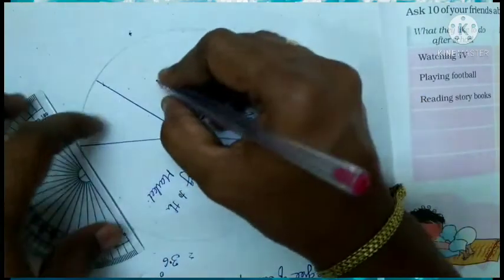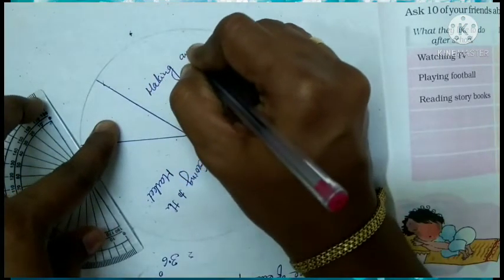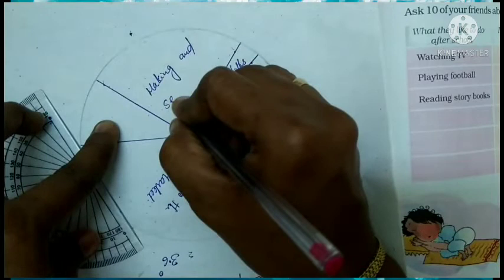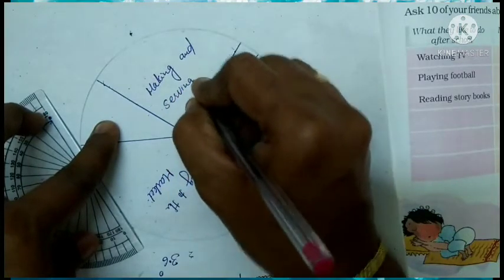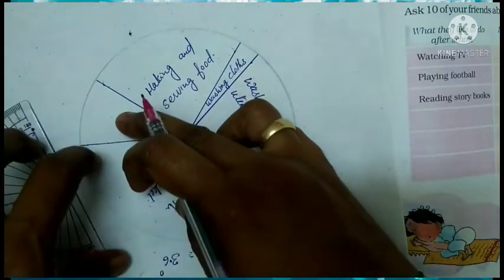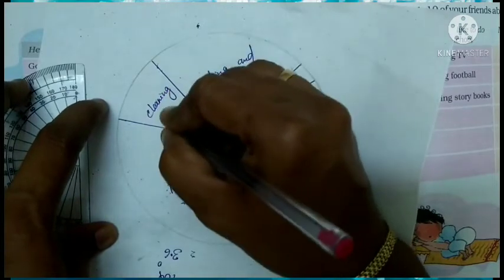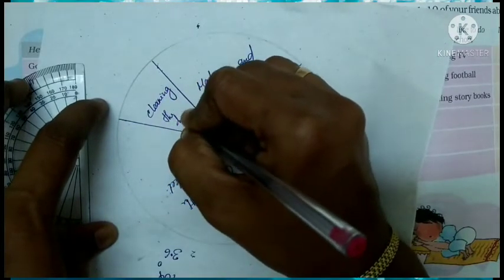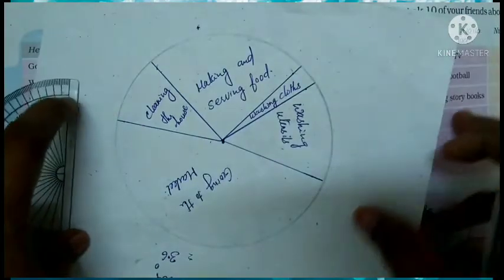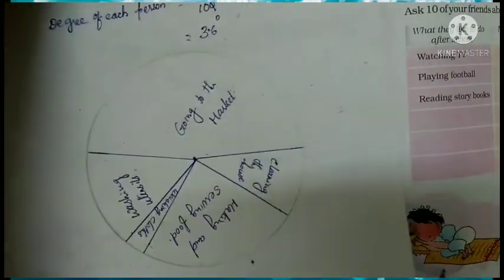That is making and serving food. Okay, the remaining portion is cleaning the house. Cleaning the house. So this is the way we represent the details in a circle.